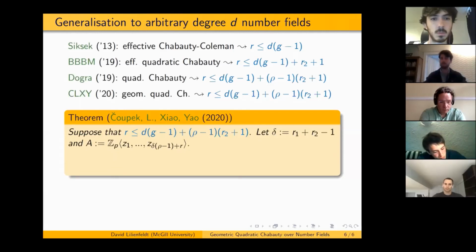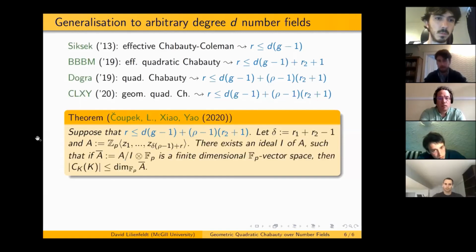So these are formal power series which have certain convergence conditions on them. Then we construct an ideal I of A with the following property. If the reduction of the quotient of A by I, modulo p, is a finite dimensional F_p vector space, then we're able to say that the size of the set of rational points of the curve we started with is bounded by this dimension.